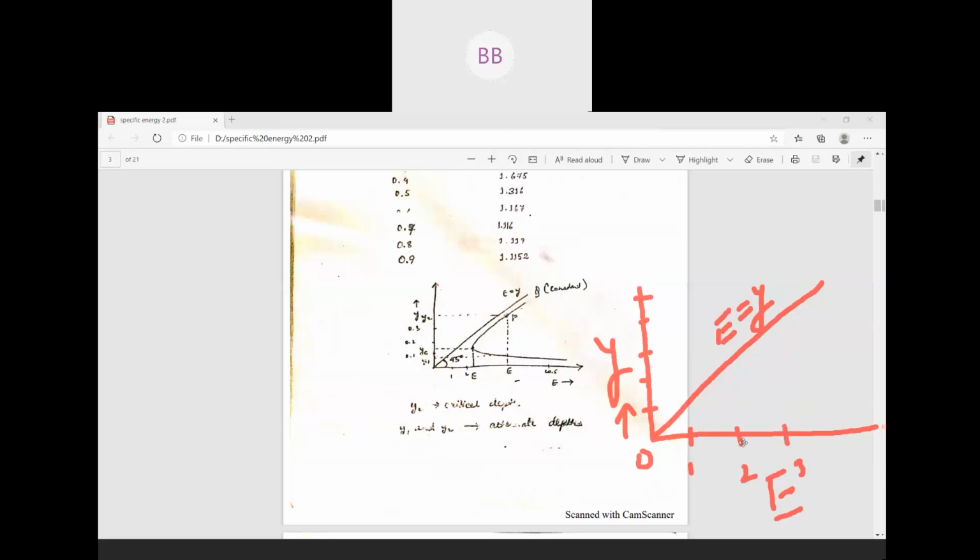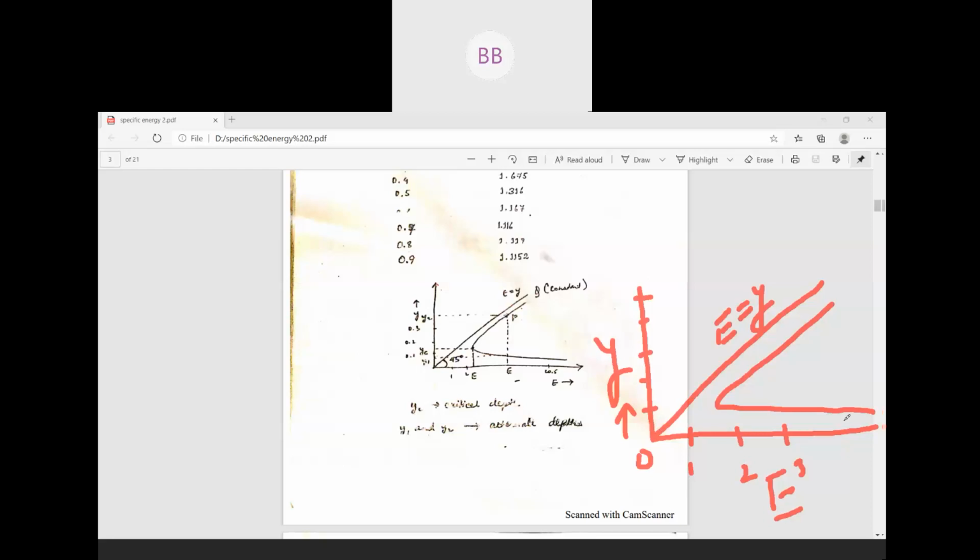Now, when the depth of flow is 0.1, we get a maximum value here. Once we increase the depth of flow, our specific energy reduces, and it reaches a point. After that, as you increase the depth of flow, your specific energy increases again.